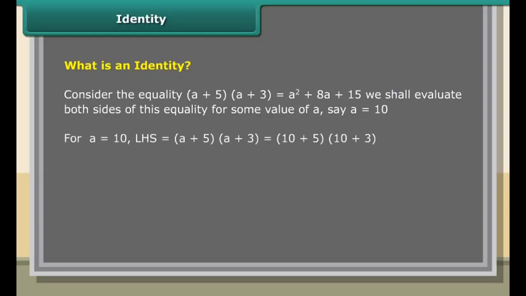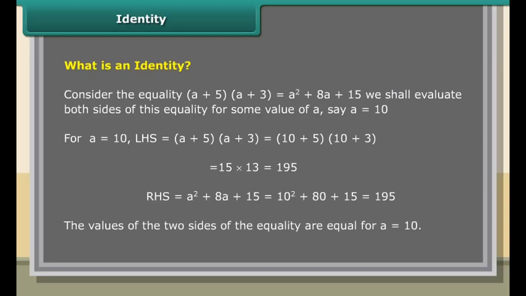For a = 10, LHS is (a + 5)(a + 3) = (10 + 5)(10 + 3), which equals 15 × 13, which is equal to 195. RHS is a² + 8a + 15, which equals 10² + 80 + 15, which is equal to 195. The values of the two sides of the equality are equal for a = 10.